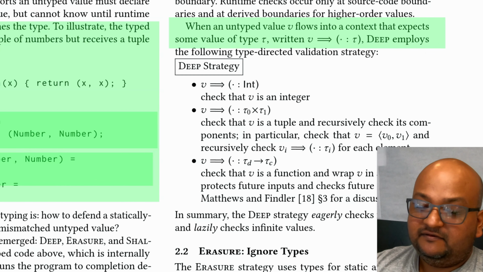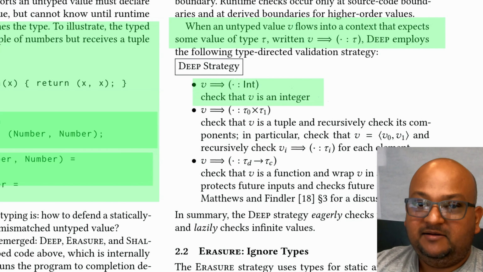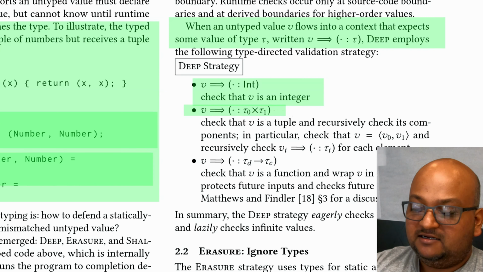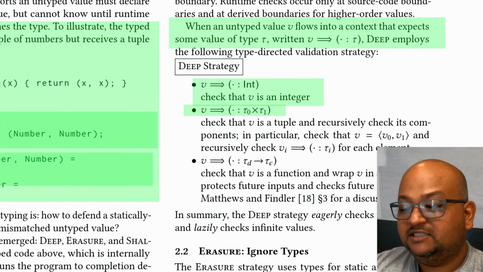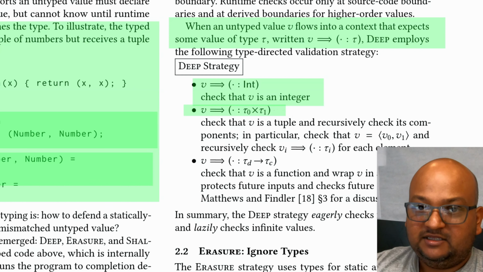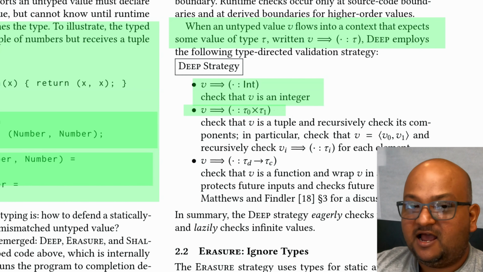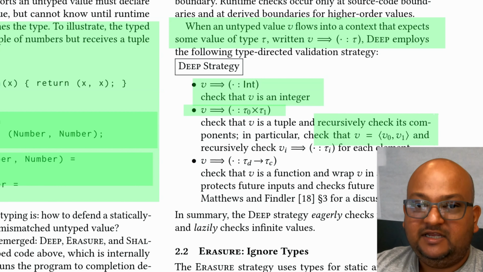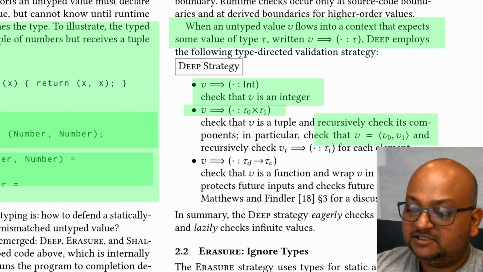So if you have a value v that flows into a context that, for example, expects v to be an int, a deep strategy will check that v is an integer. If it flows into a context that expects v to be, for example, a tuple with the first element being tau 0 and the second element being of type tau 1, it will recursively check that the elements of v are of those particular types.